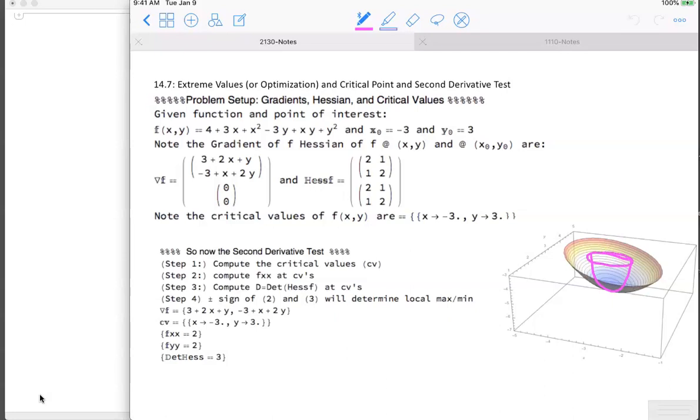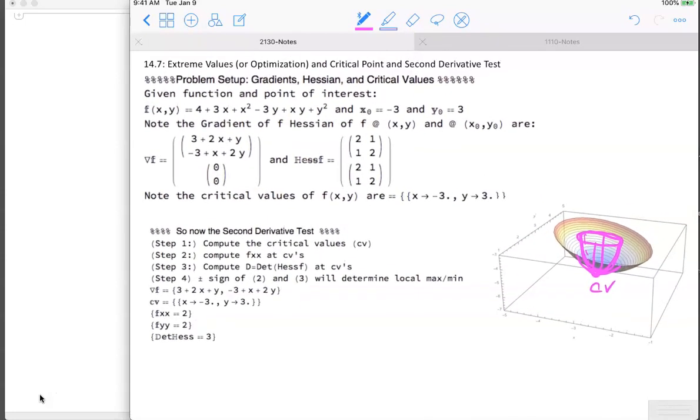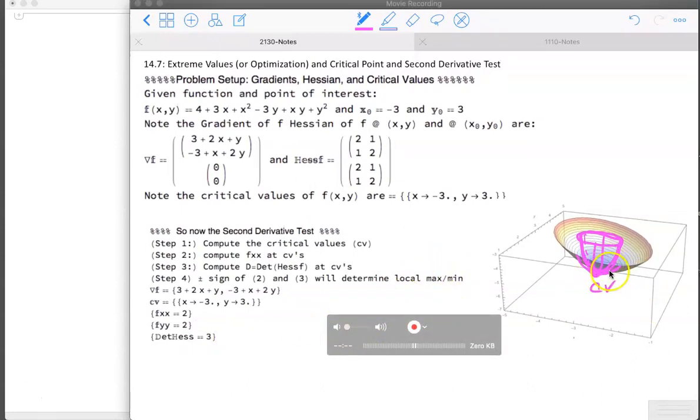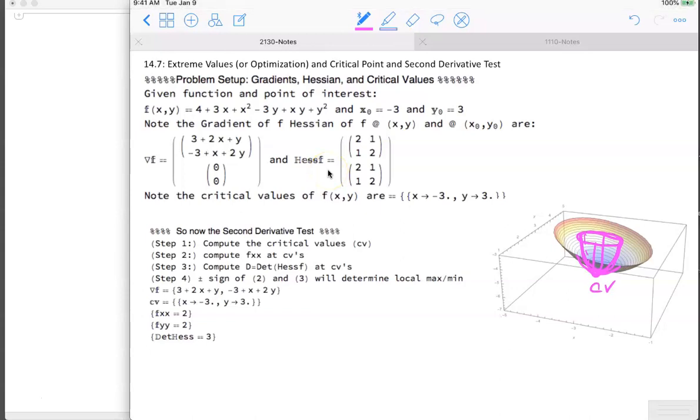The quadratic approximation is not an exact graph of what the function looks like, but it's an approximation near the critical value. So we have determined that at that one critical point, there is a local minimum of this function. And that is the first example of the second derivative test for the extreme values of a function of two variables.